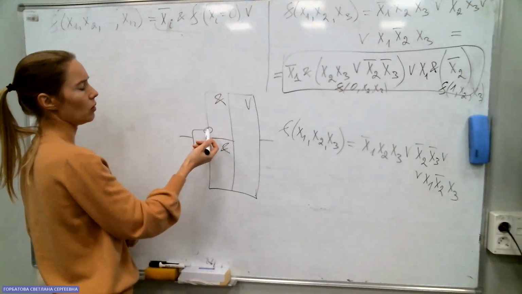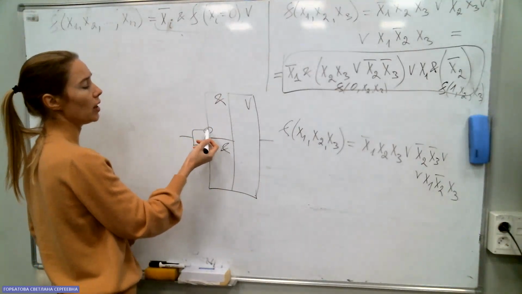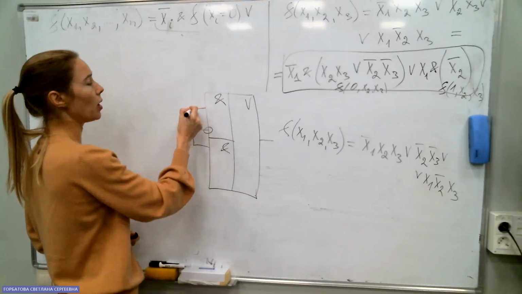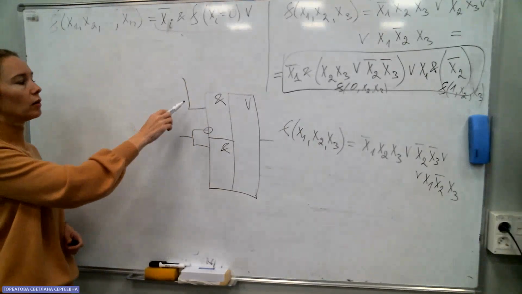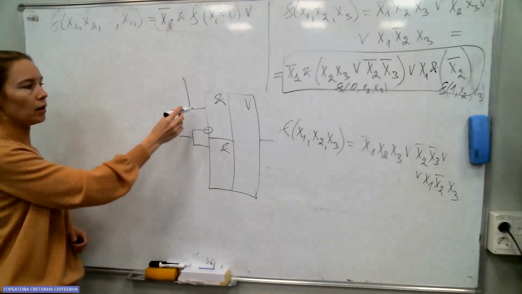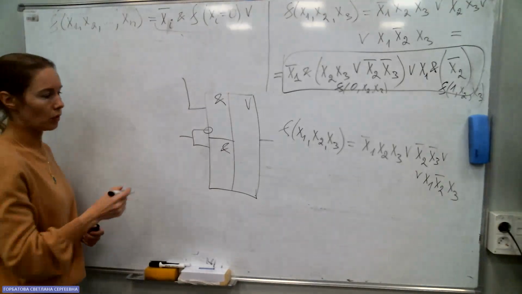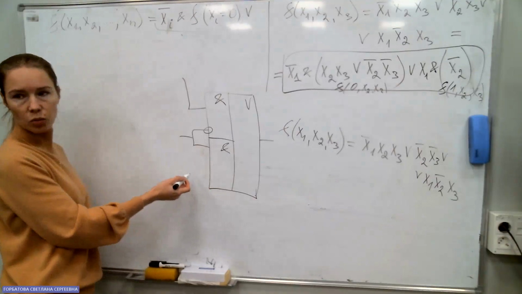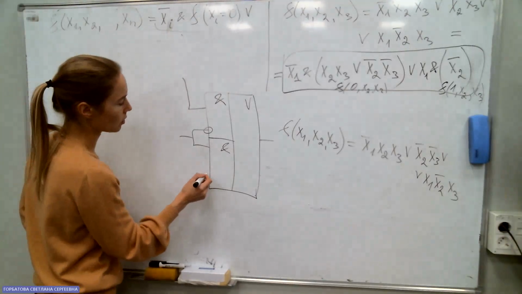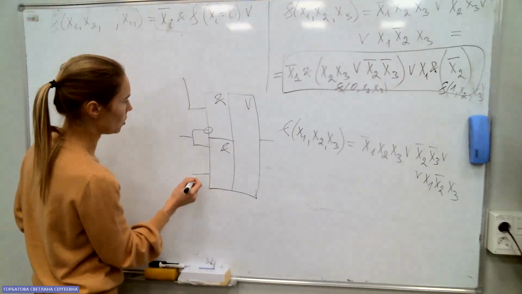It is very important that if you put negation here, here must be f where the variable equals 0.